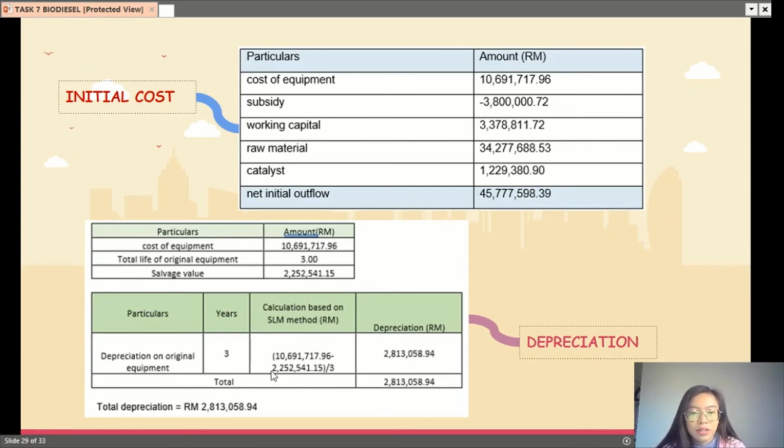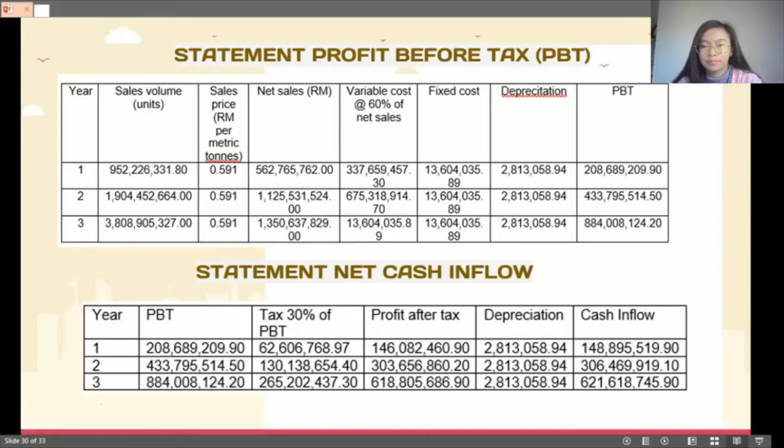So this is the formula. The values are entered into the formula, and the value for the depreciation is 2,813,058 ringgit 0.94 cent.